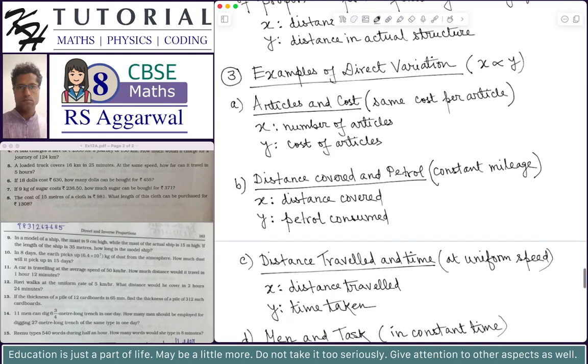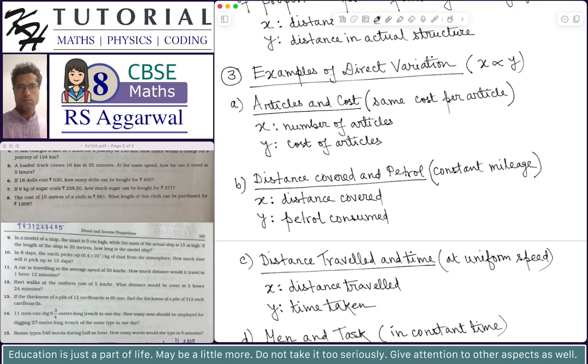The second one is distance covered and petrol consumed, based on the fact, keeping the mileage same. What is mileage? Mileage of a vehicle is how much distance a vehicle can travel in 1 liter of petrol.